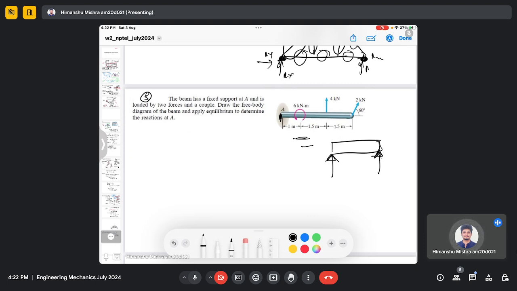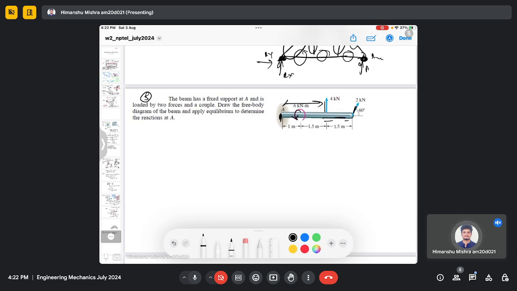So for now in this class we will be finding reactions only by using the equilibrium method, and we will also find the moment that will be acting due to these different kinds of forces, because from this diagram itself you can see that this force has a perpendicular distance, and this force also has a perpendicular distance, plus there is a moment which is already acting.